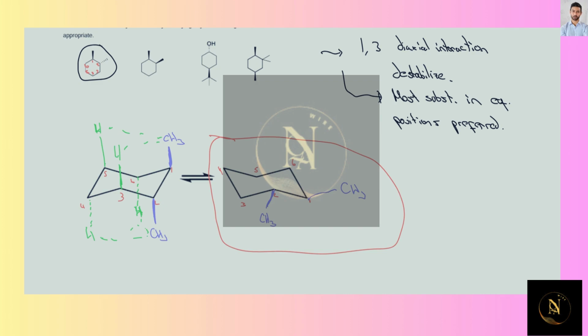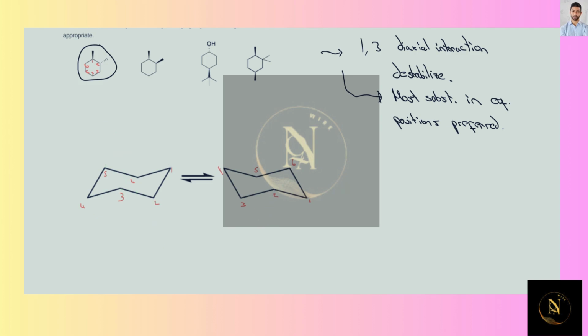Now, for the next one, what we're going to have is the following. Let's erase everything and reuse the image over here. So now for the second one, we're going to have two substituents that are going to be looking up. On the first chair that I have over here, the CH3 is on an axial position, and now on carbon 2, we're going to be in an equatorial looking up position.